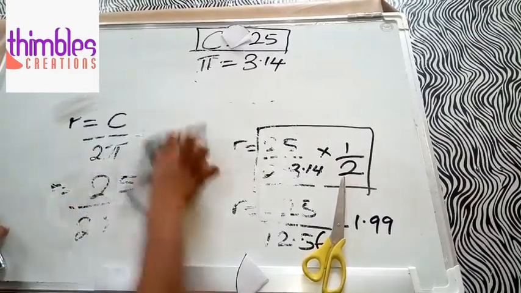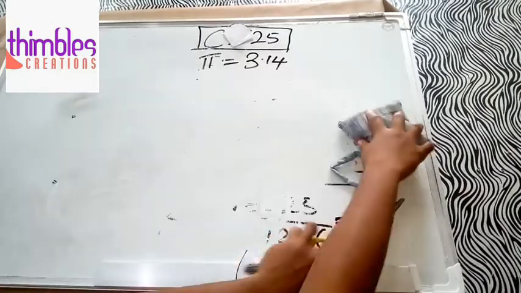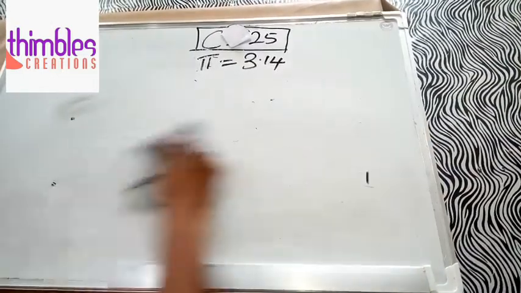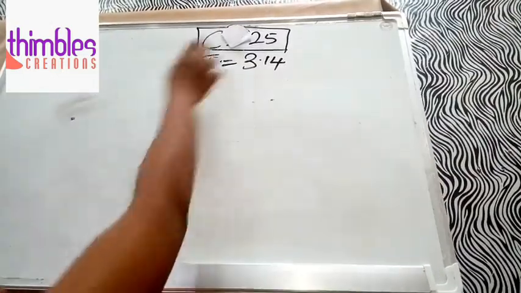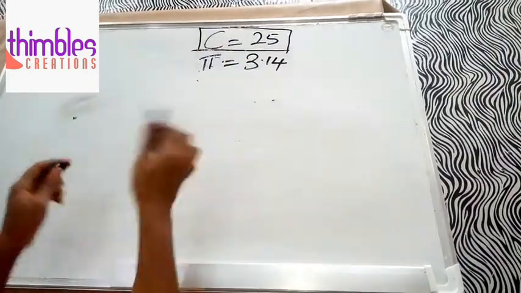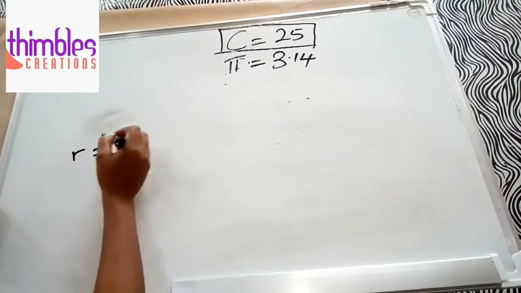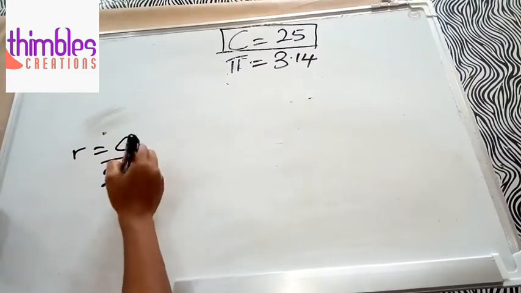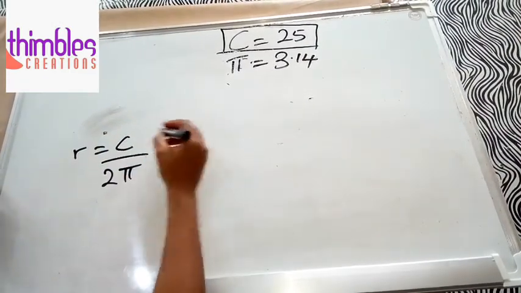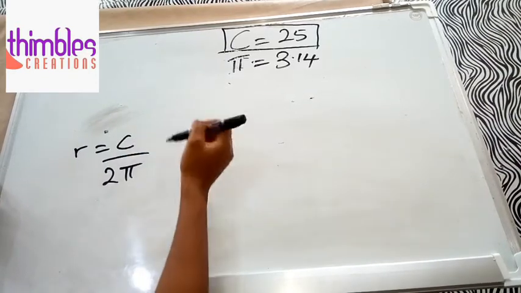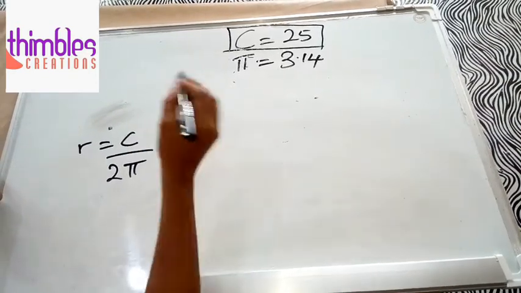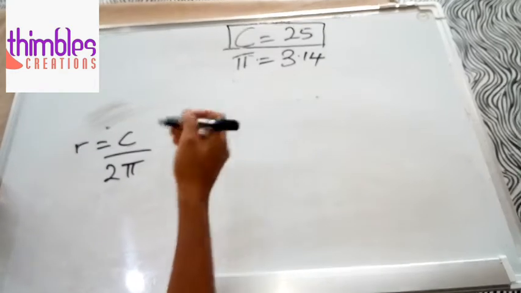Okay, so remember that the formula for getting your radius for a full circle is what? R equal to C over 2 pi. Where our C is 25 inches and our pi is 3.14.